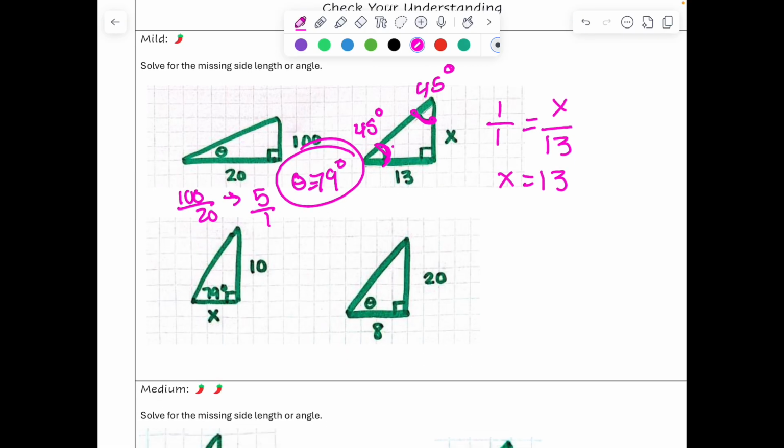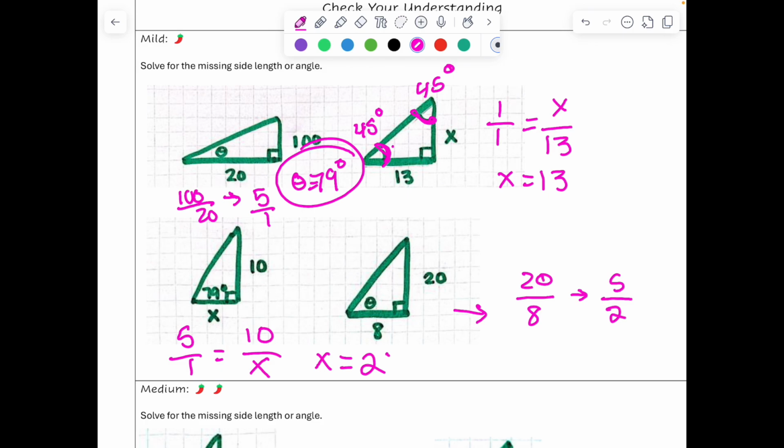Here, 79-degree angle, we know the ratio for that is 5 over 1. So we can set 10 over x equal to that. And x ends up being 2. And then over here, 20 over 8 simplifies to 5 over 2.